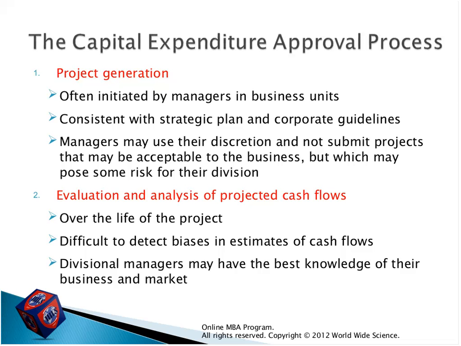And here is one thing: the managers may use discretion and not submit a project that may be acceptable to the business, but which may pose some risk for the division. So sometimes in the case of a project which brings a high risk for the company or for a specific department of the company, the managers of those departments can reject the project overall for the company.